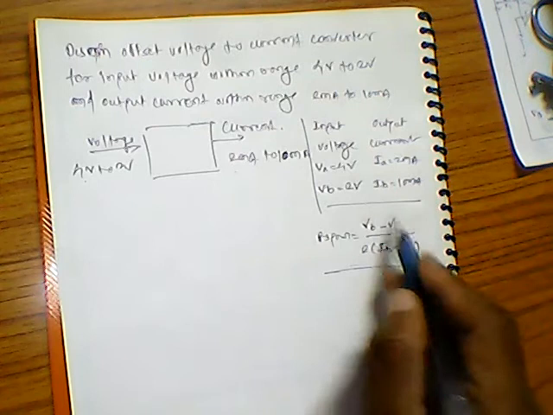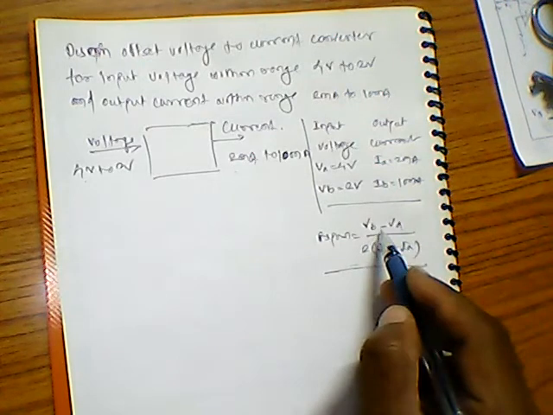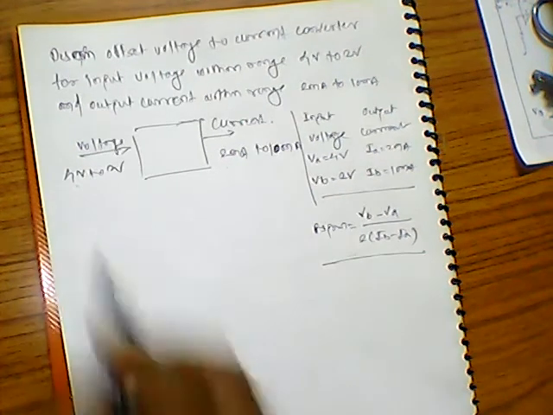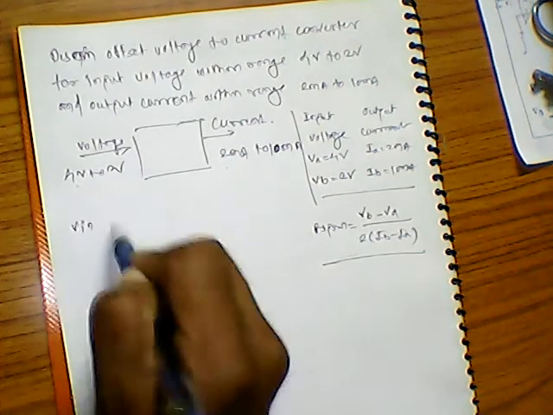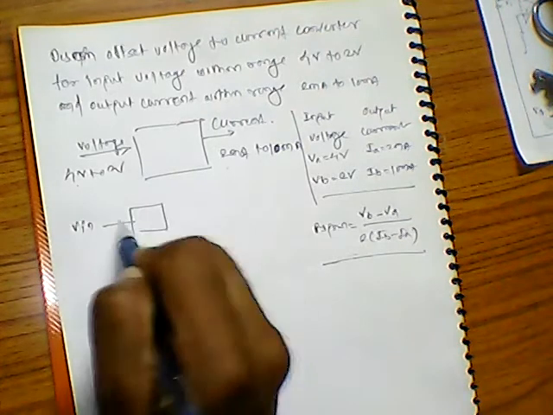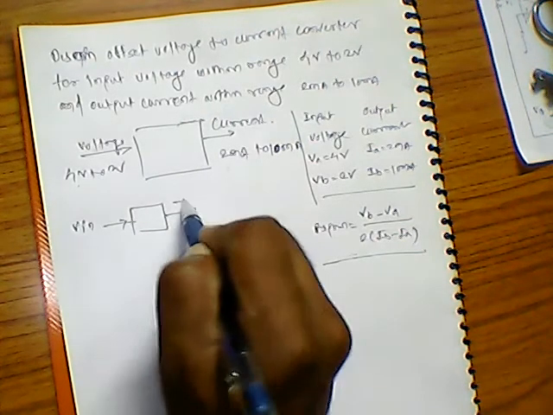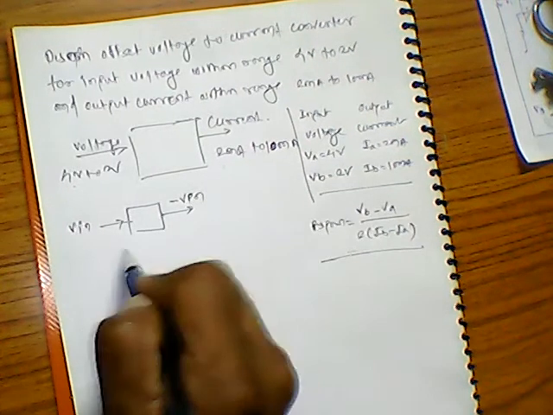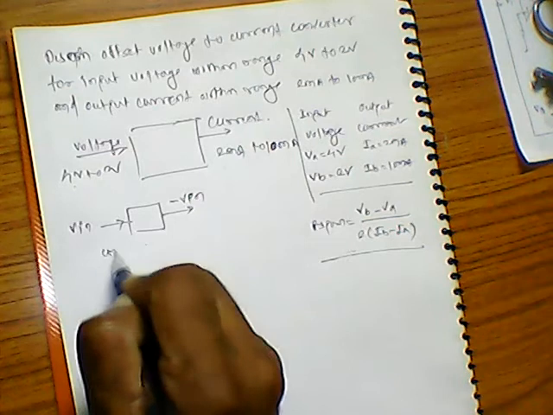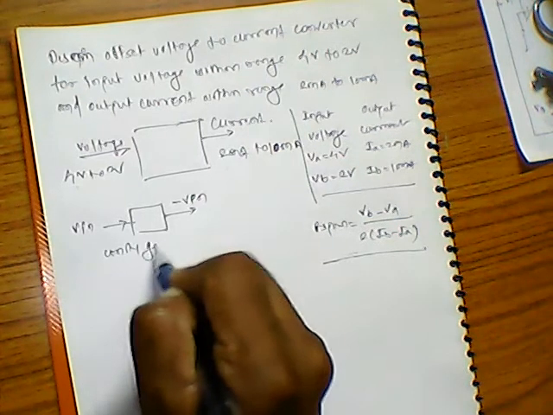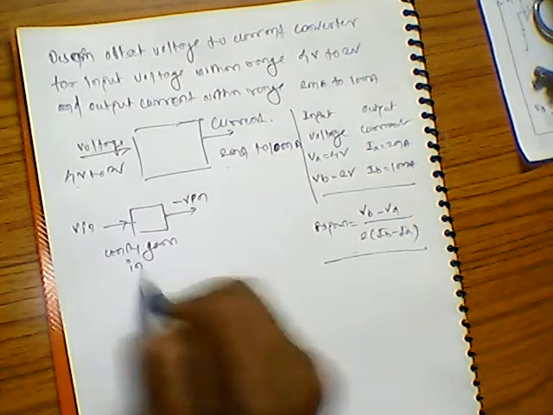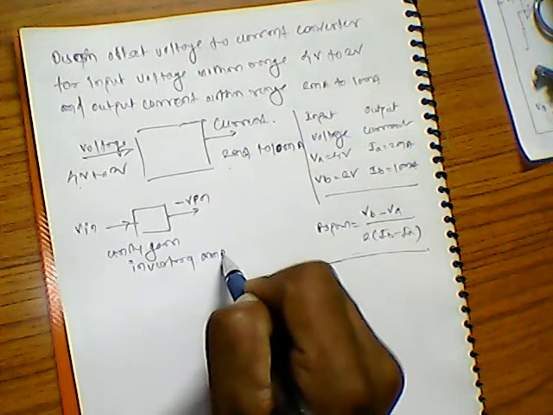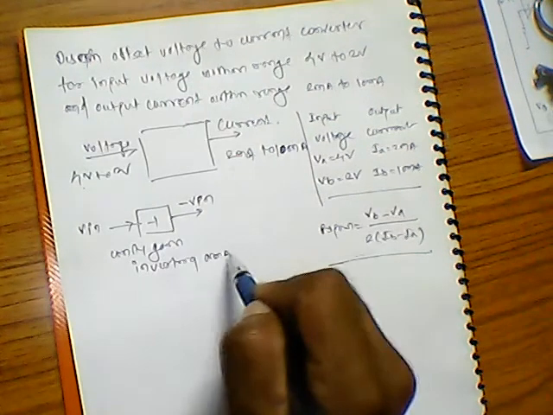So for that, we should use one inverting amplifier with this particular circuit. If we give V in, there should be some circuit which will provide us minus V in. So we have to design a unity gain inverting amplifier, means gain is negative.